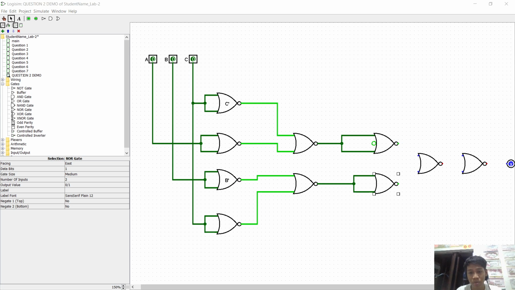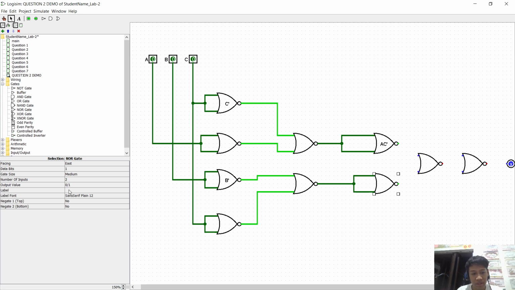Before we connect, we will be labeling the gates as AC prime, since we combine the inputs of C prime and A. This will be therefore A and C. AC prime.